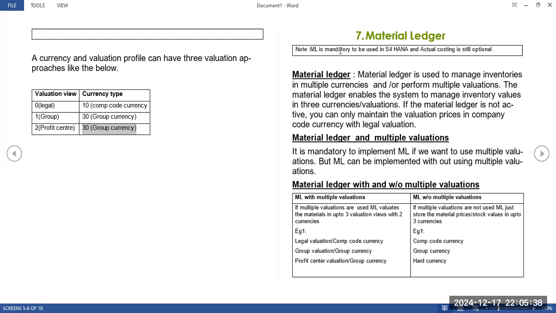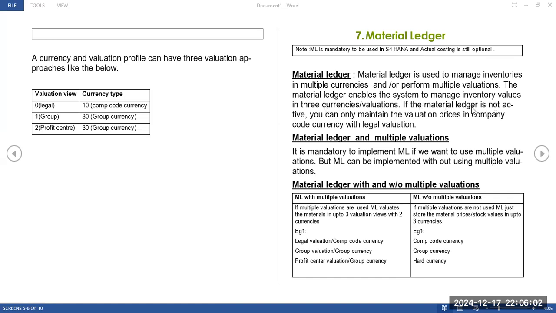Material ledger is mandatory to be used in S/4HANA and actual costing is still optional. So we're now heading towards actual costing. Material ledger is used to manage inventories in multiple currencies and for performing multiple valuations. The material ledger enables the system to manage inventory values in three currencies.